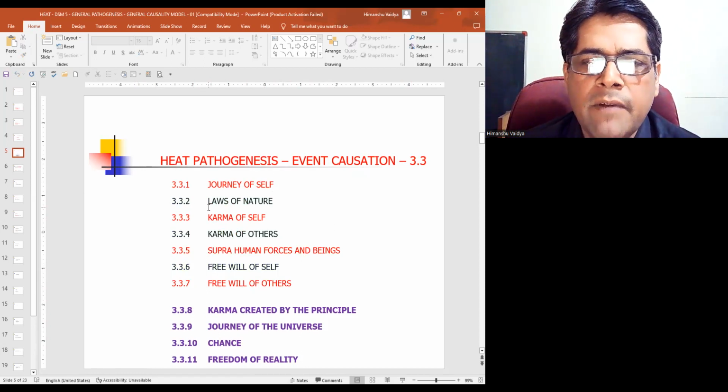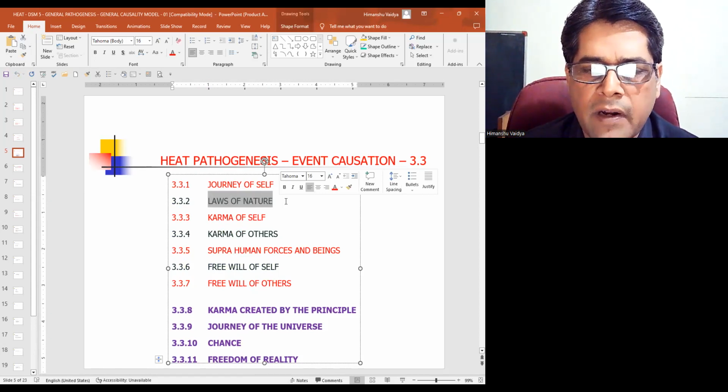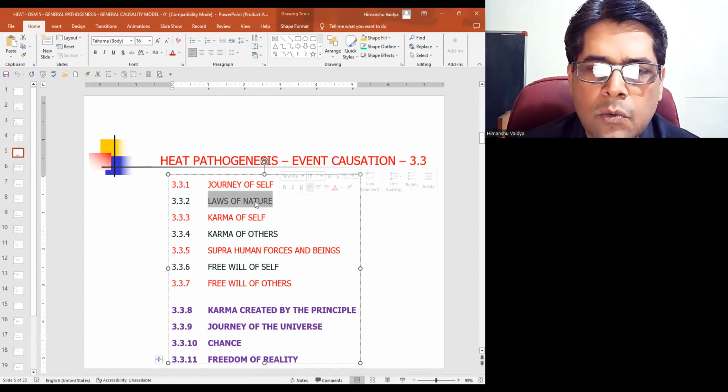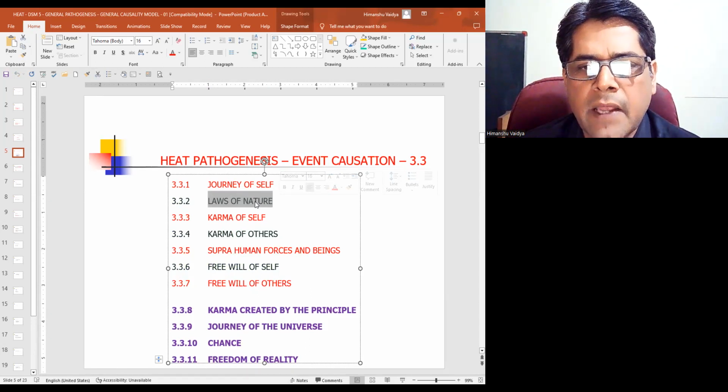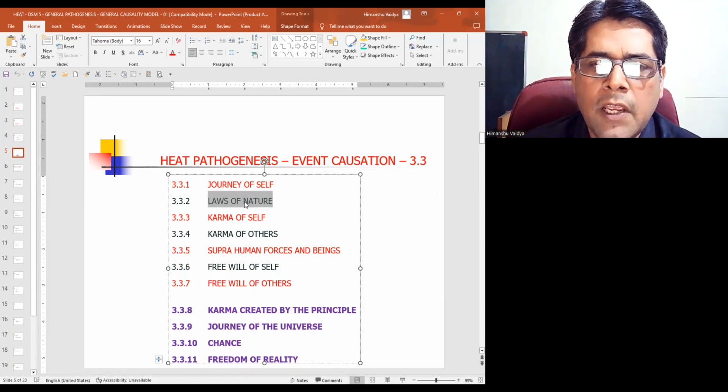And by and large, when we talk of laws of nature, which we take up in science as the causal factors, indicated by all the schools of psychoanalysis, and by psychiatry and neurology, they would work largely involving the karma of others, free will of others, free will of self, and karma of self.